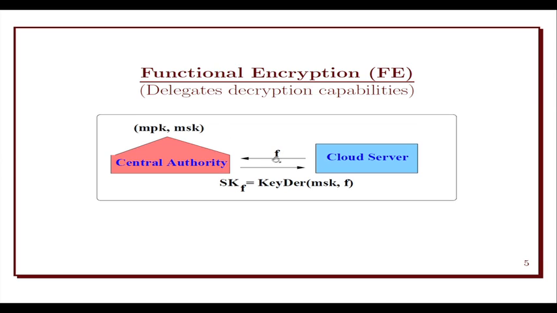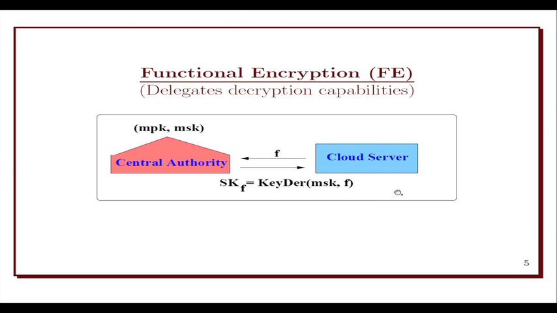Upon receiving this functionality f, it applies a key derivation algorithm, which uses the master secret key and the functionality f, and gets the secret key corresponding to that functionality. If we use this secret key to decrypt the ciphertext, it gives us that functionality information, and this is usually done by the cloud server.